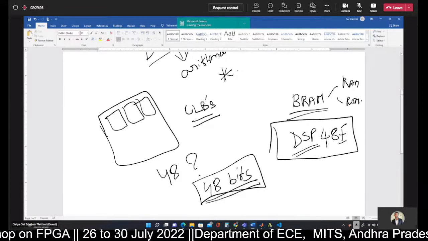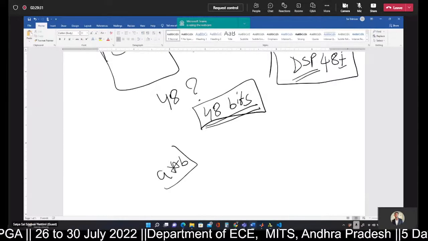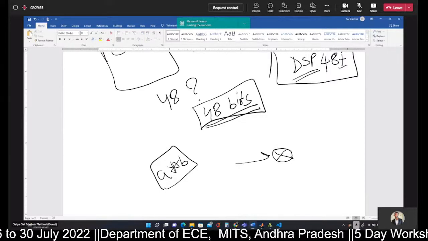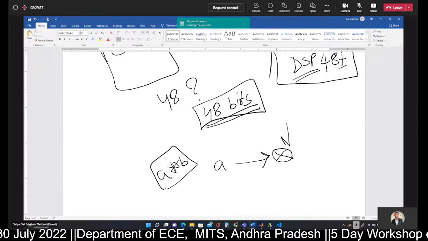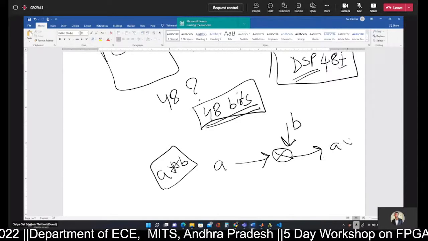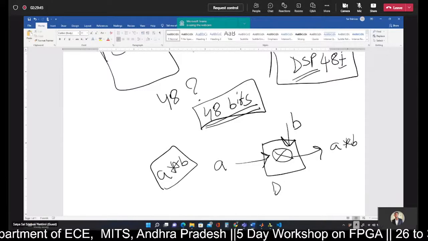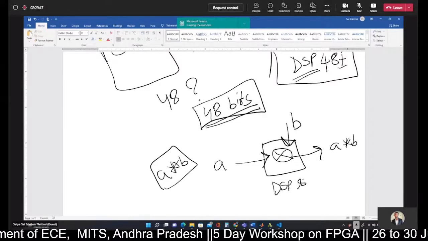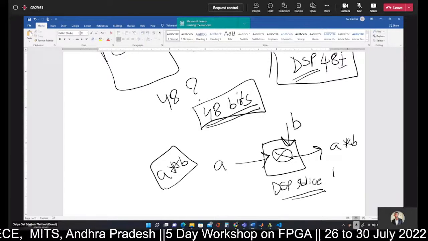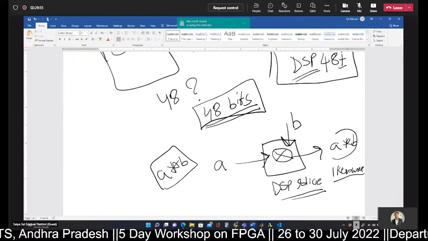So when I'm doing A into B, there is a dedicated DSP block inside the FPGA that will be configured to perform this operation. This is what we call a DSP slice on the FPGA, one resource that will be used to do this multiplication operation.